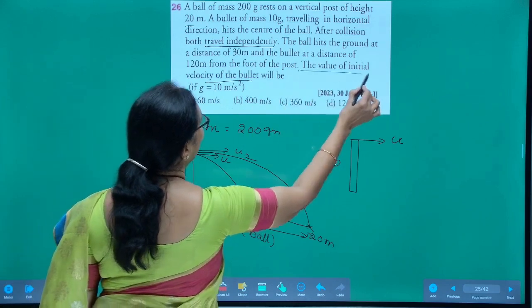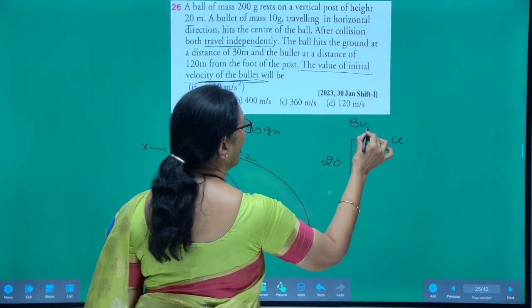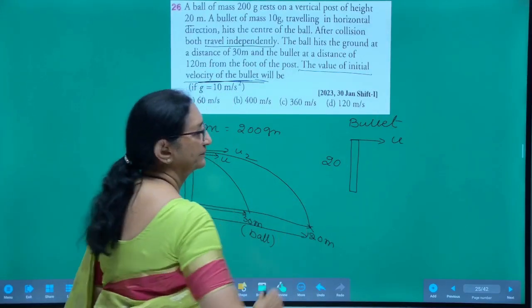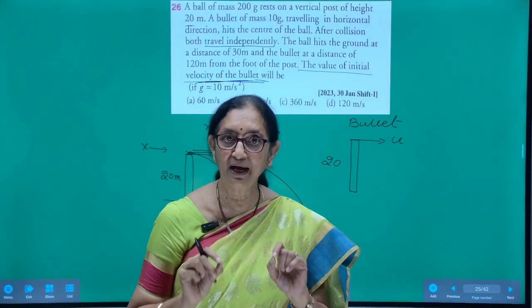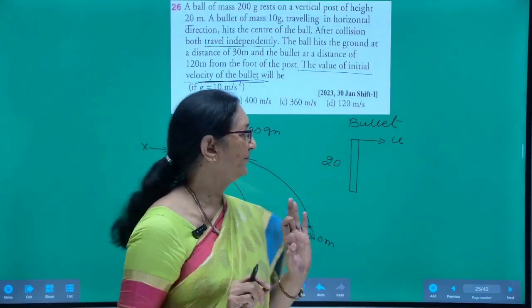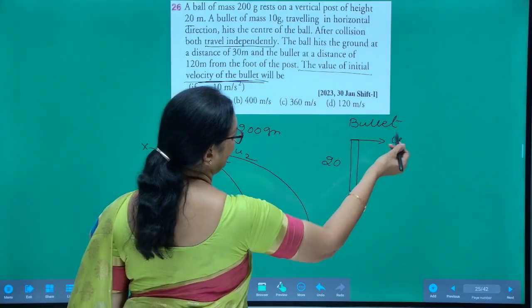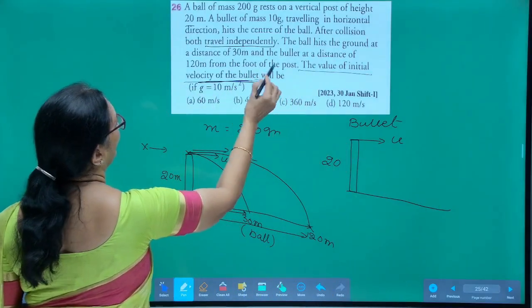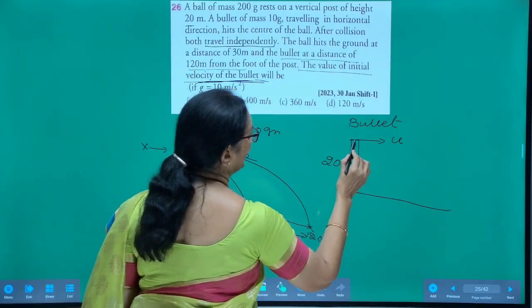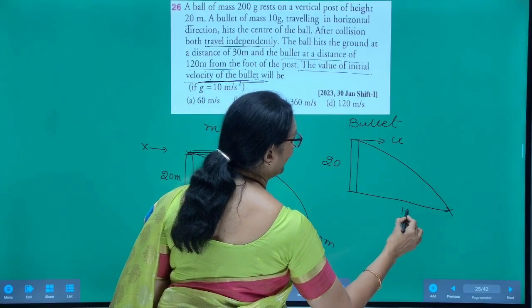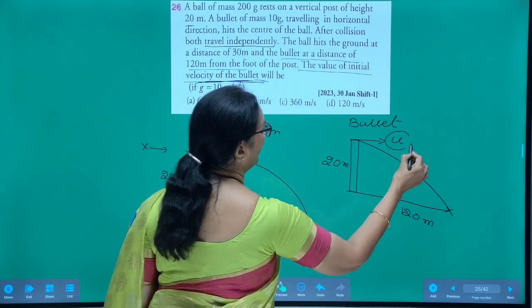What is the initial velocity of the bullet? So you have to bother about the bullet alone. We have nothing to do with the ball at all. We are bothered about the bullet alone. So as far as the bullet is concerned, the ball hits at 30, the bullet hits at 120. See, this is 120 meters. Height is given as 20. What is the velocity of the bullet?